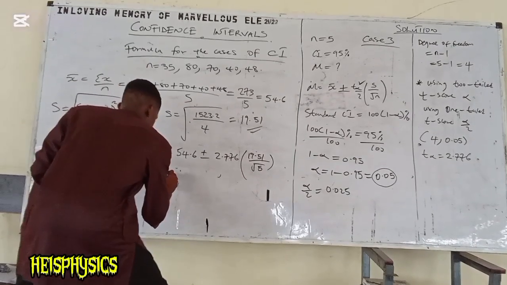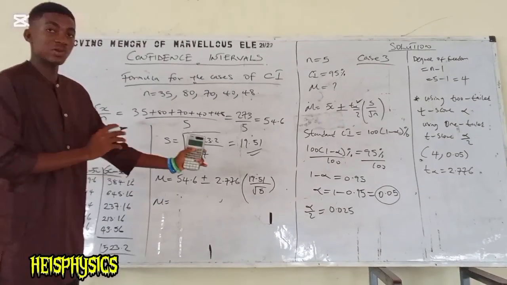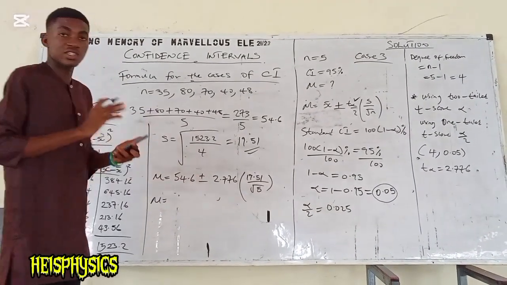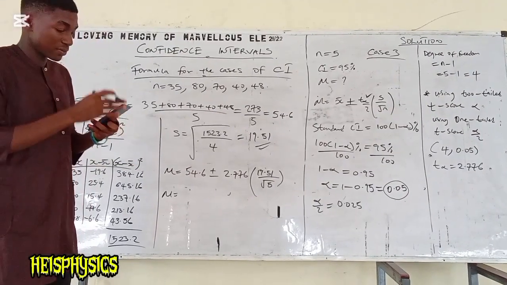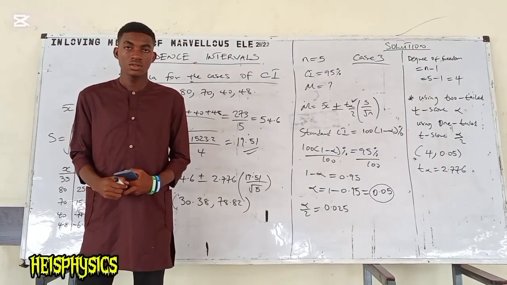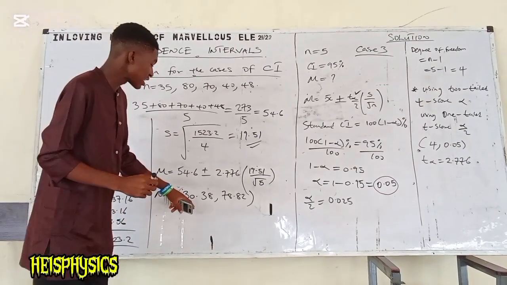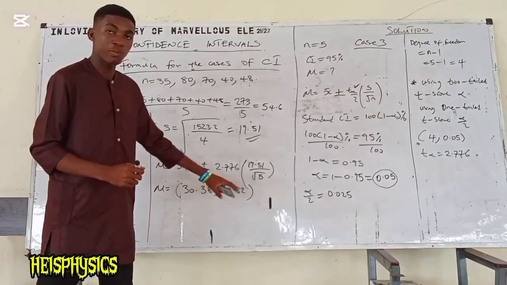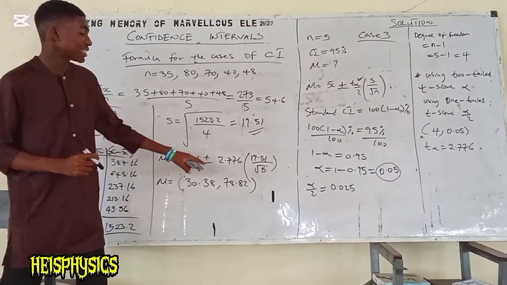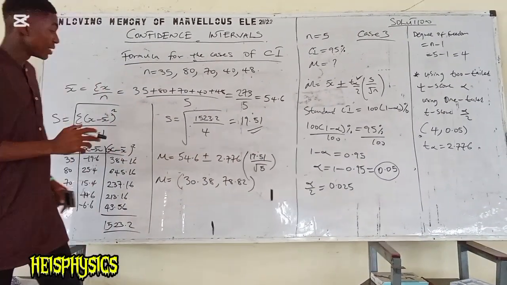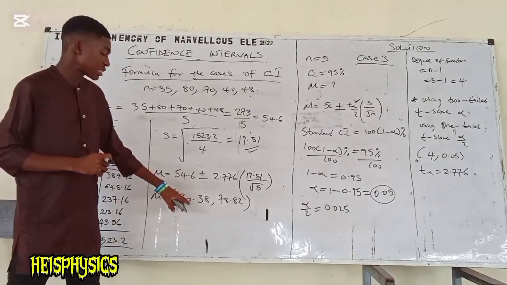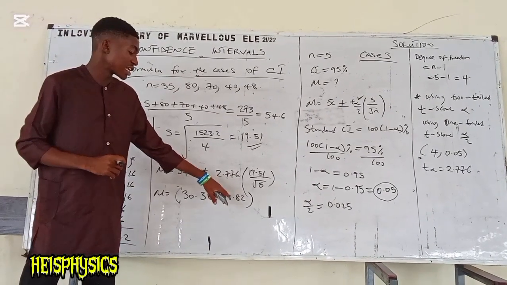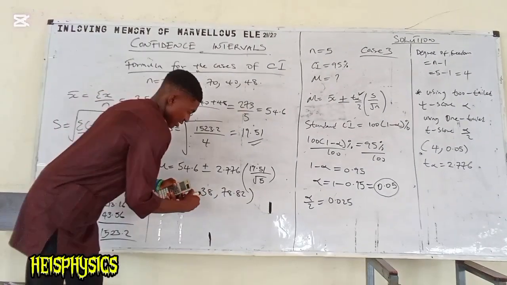So mu now, you add them and you subtract, separately. Subtract first, because the smaller value comes before the bigger value. So our final answer is 30.38 and 78.82. Don't forget, you subtract first before you add. Meaning the population mean will range from 30.38 to 78.82. This is our final answer.